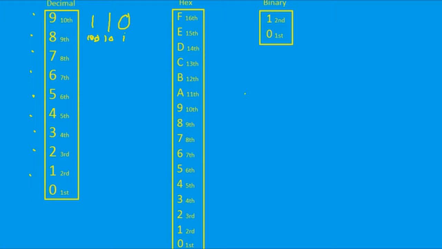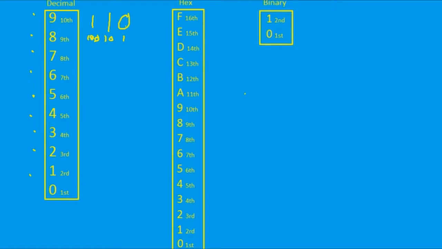It's pretty obvious that this is 110 to us because we're used to using the decimal system, but things are different when you're in a different number system. So what this is telling us is that you have 1 hundred, 1 ten, and 0 ones, right?